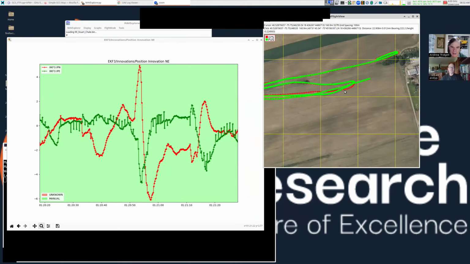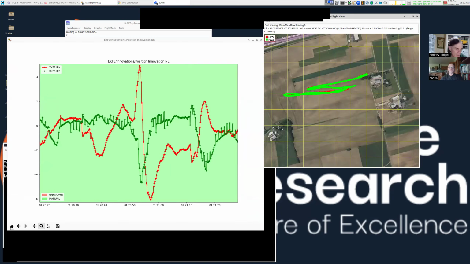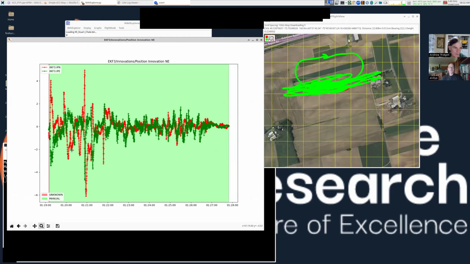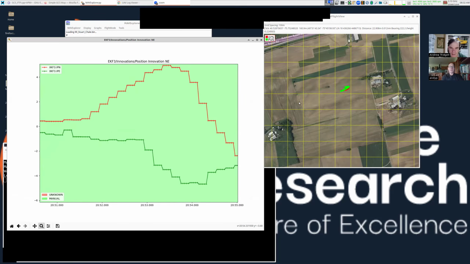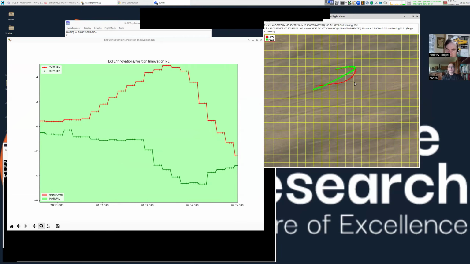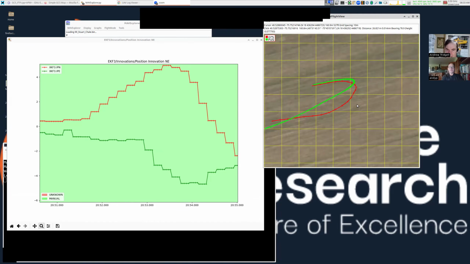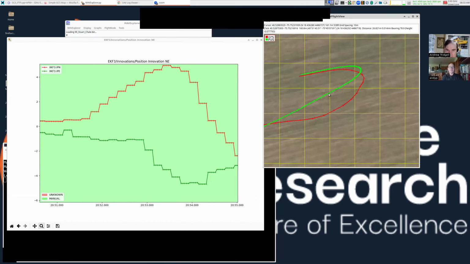So if we zoom out on the map and go back to all of it, that's our whole flight. But if we zoom in onto this bit that seems to have particularly large numbers, we can see that the place where it had particularly high innovations was this little maneuver here. And that's where we were getting that 7 meters or so discrepancy.